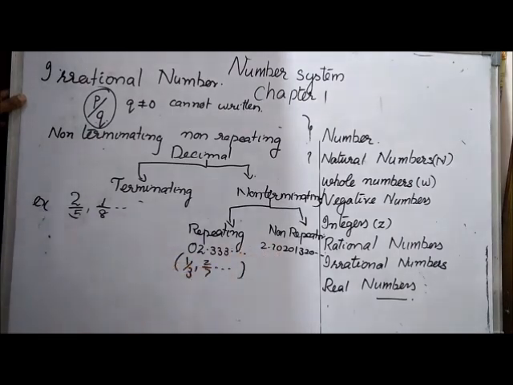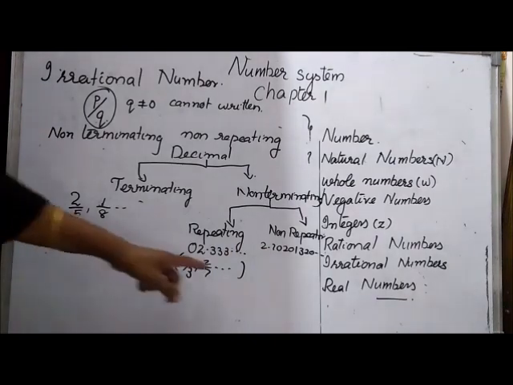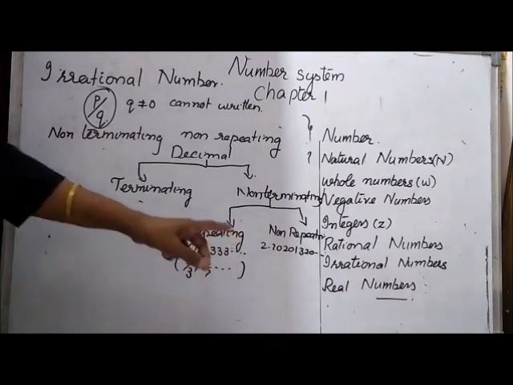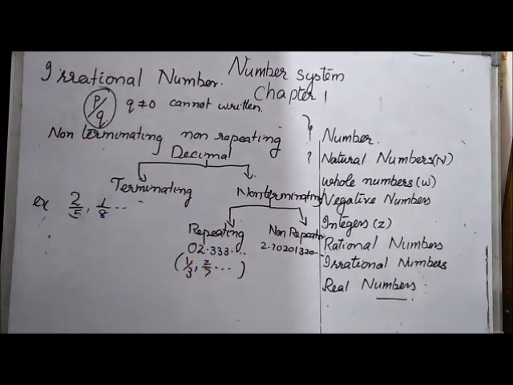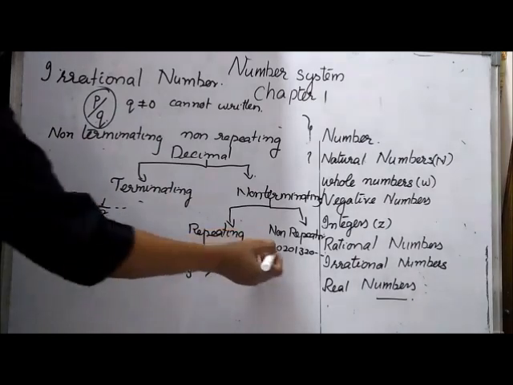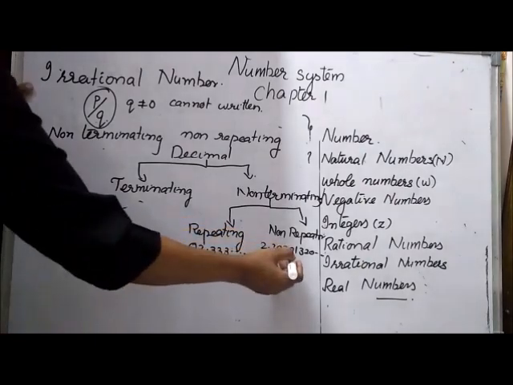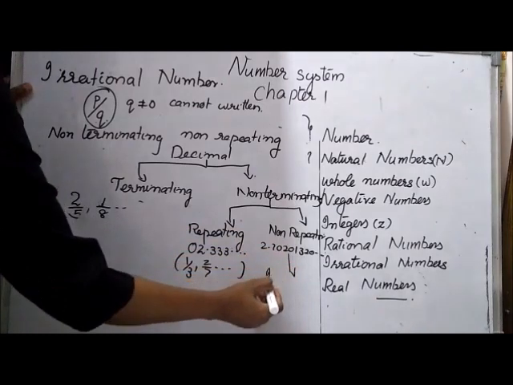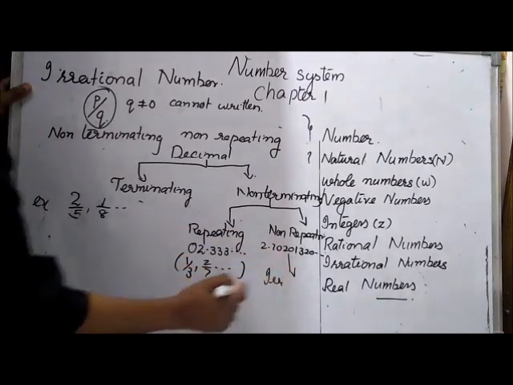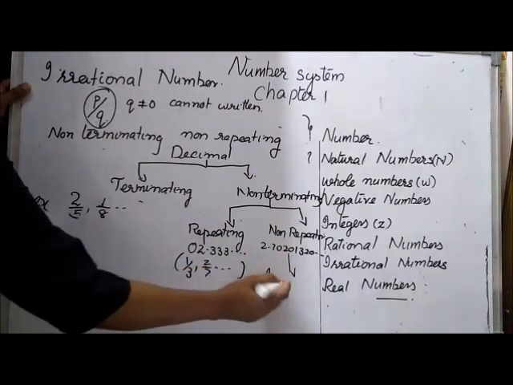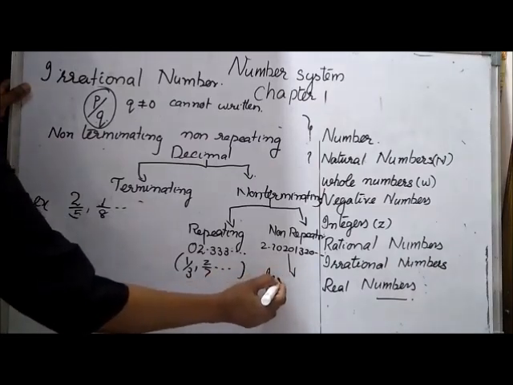Now non-terminating, non-repeating means the same number is not repeating. The remainders are different. That number is known as an irrational number.